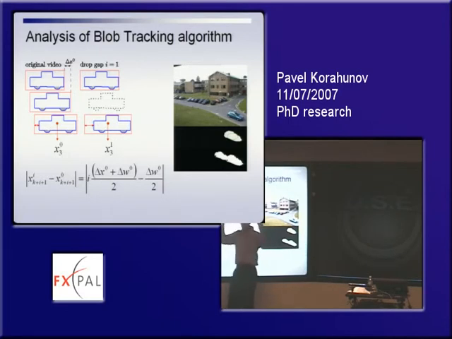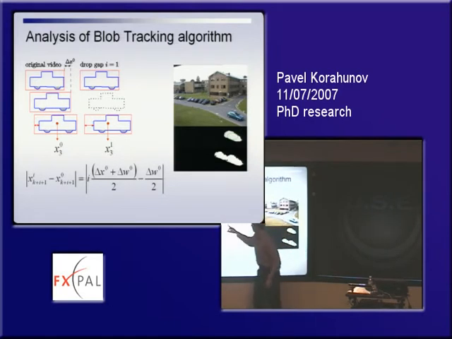So it gets some error, but it's small because the frame rate is high. When we drop frames, the frame differencing gives us this bigger blob, because it is the union of this car and the car in the frame before that. So it introduces the error to us.